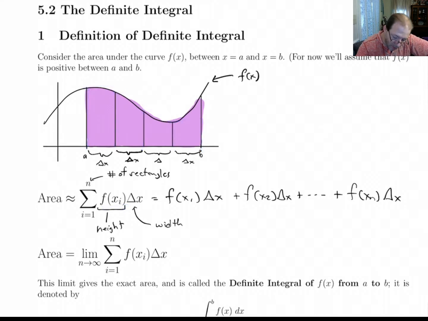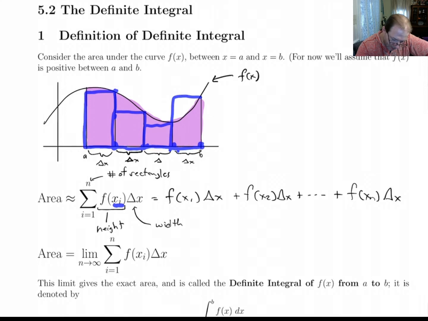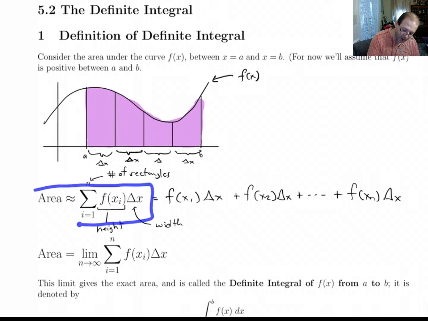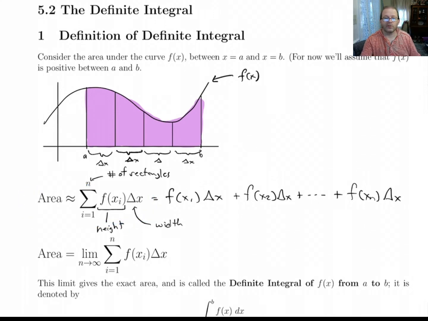If we use the right endpoint, then our xi's would be this, this, this, and this. And so our rectangles would look like that, that, that, and that. But what this does, the sigma notation lets us write in a compact way the sum of all of those rectangles' areas.